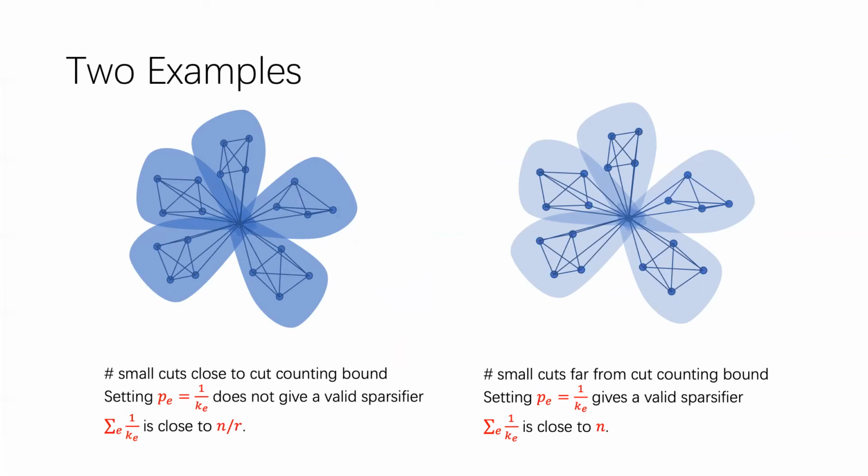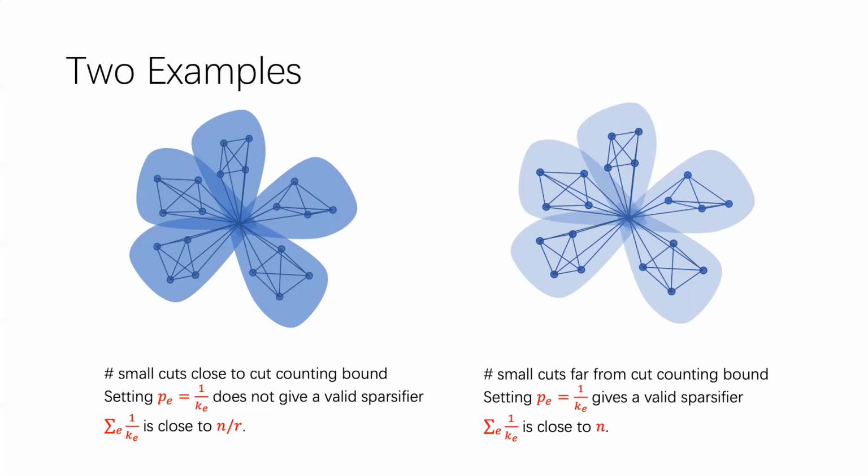While for the graph on the right, the number of small cuts is far from the cut counting bound, and setting p_e equal to 1 over k_e gives a valid sparsifier, and the sum of 1 over k is close to n. Although these two graphs both have a cut sparsifier with order n edges, the relationship of sample ratio and the strength are very different.